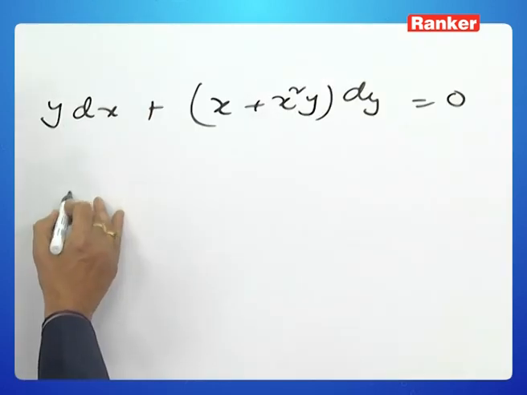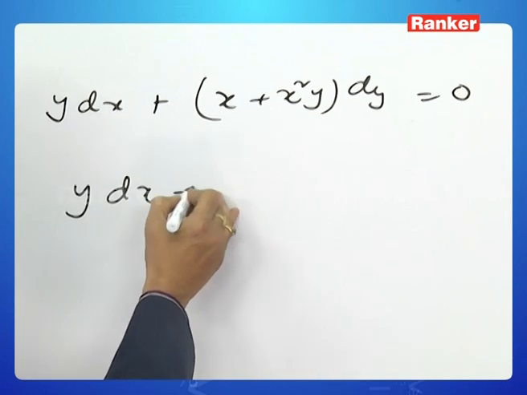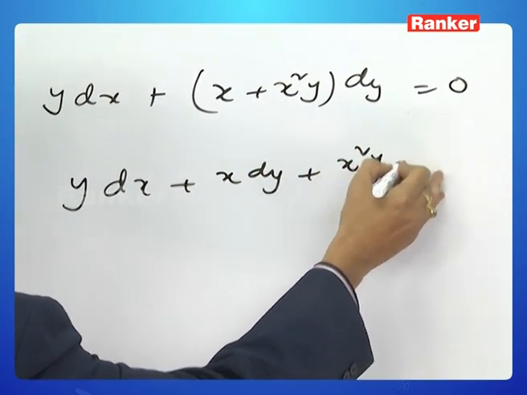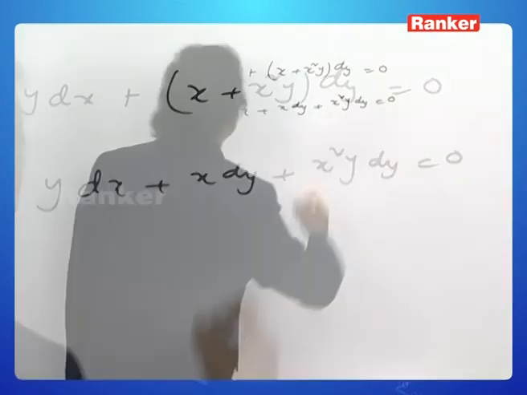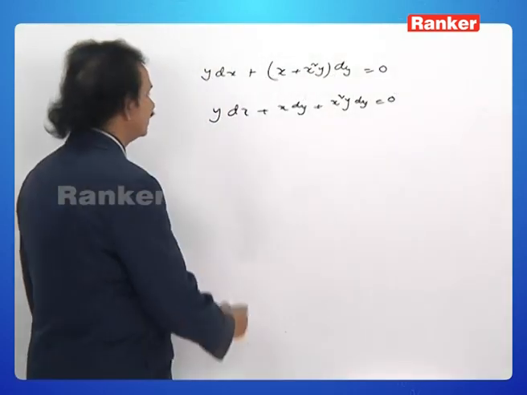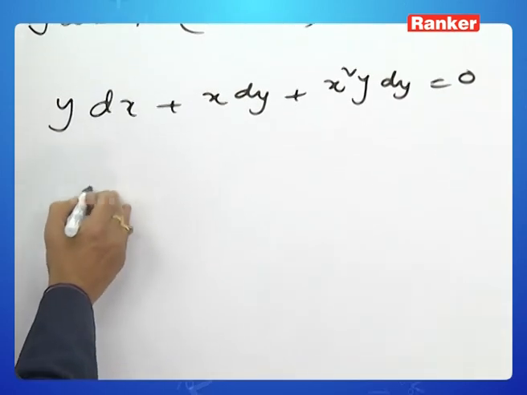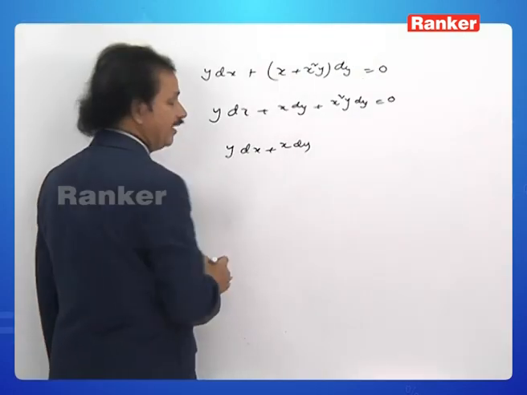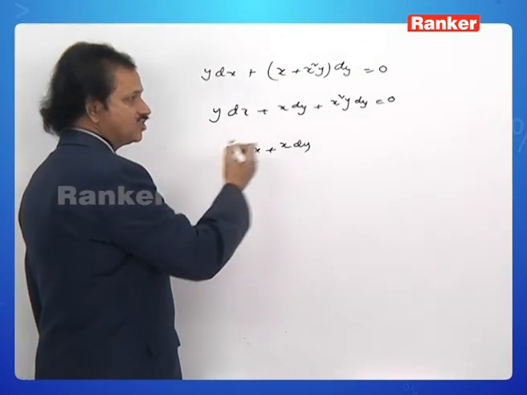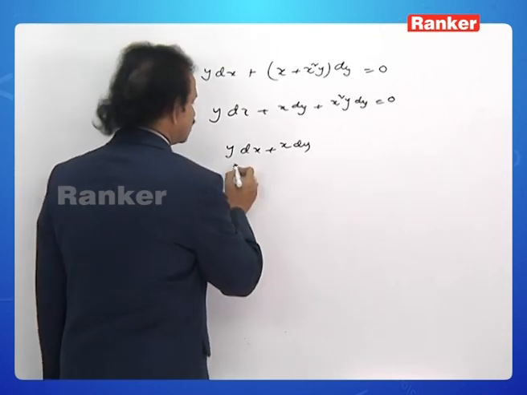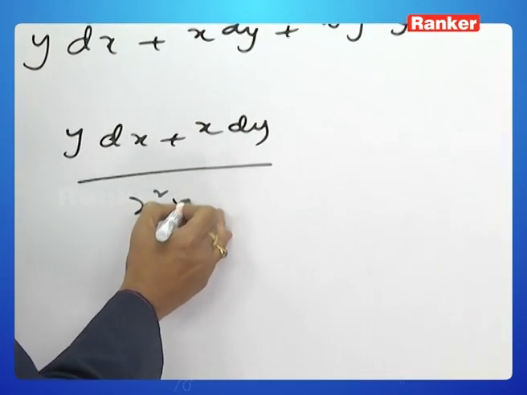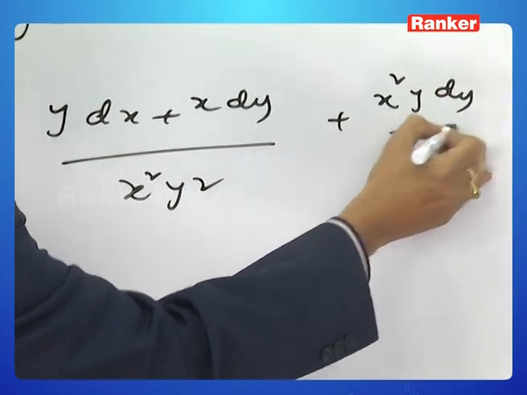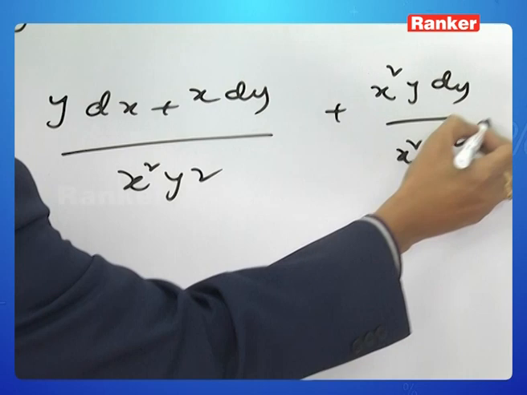You look here, y dx + x dy + x²y dy = 0. Okay, y dx + x dy, now I am multiplying entirely with 1/(x²y²), so we get (y dx + x dy)/(x²y²) + x²y dy/(x²y²) = 0.